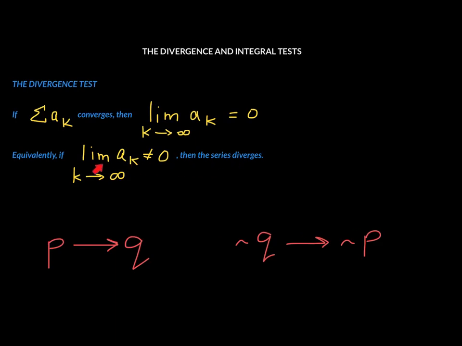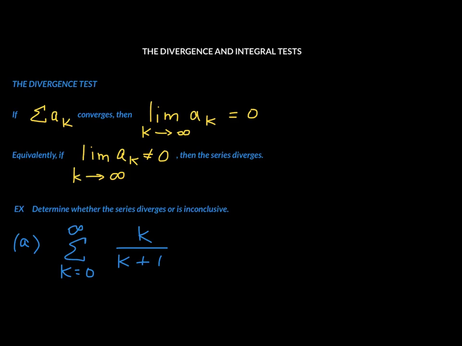So this here is really going to be the way we show that a series diverges. What you and I will do over and over again in order to show that a series diverges is prove that the limit of the series as k goes to infinity is not 0. And that's enough to prove that it diverges. So let's look at some examples.